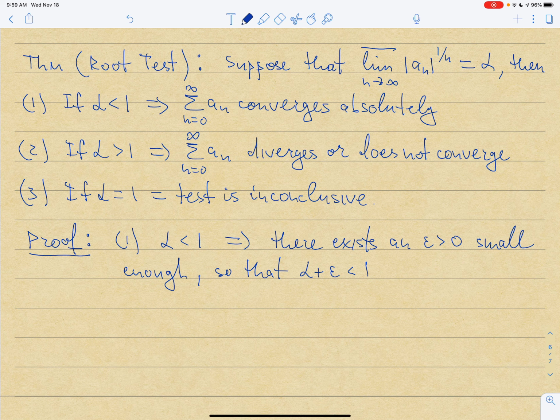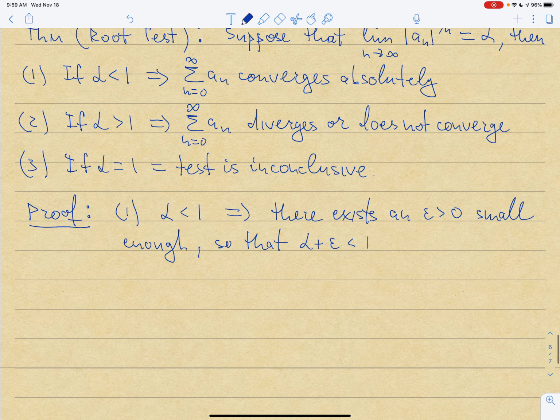So this essentially is a density of Q kind of result, that if I see alpha less than 1 and the number 1, then there must be a number between alpha and 1, which is, of course, still less than 1 and bigger than alpha, and that defines your epsilon.